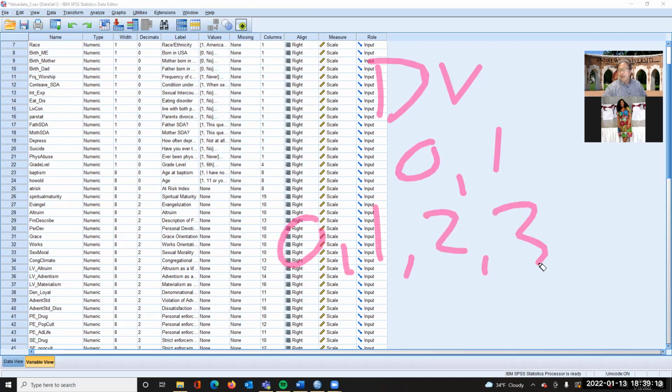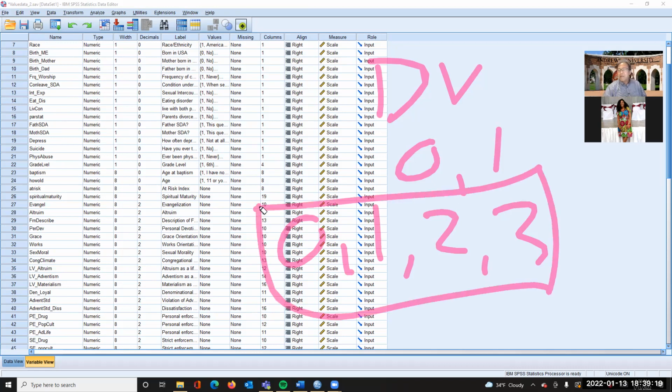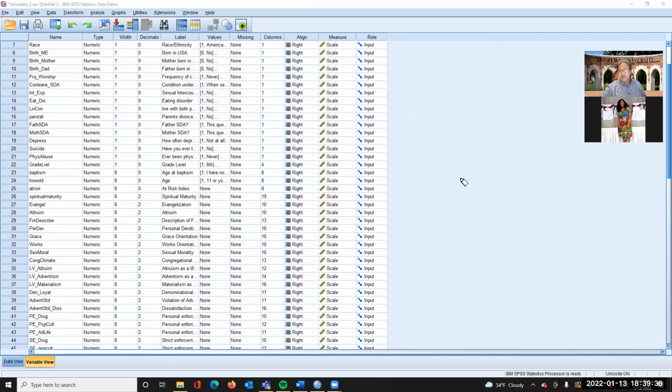You can have 3, 4, or 5 categories. But in this class, we will only look at binary logistic regression, in which the dependent variable has only two values.